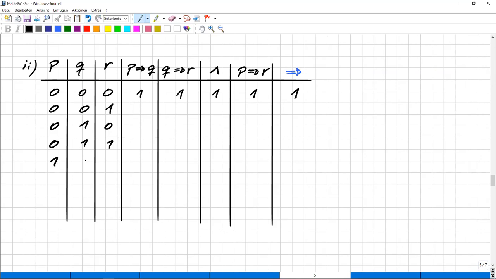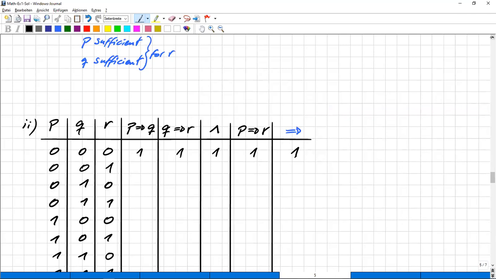1, 0, 0, 1, 0, 1. Now you just start thinking about the others. So now I want to evaluate P implies Q, Q implies R. Then I take the AND between these two. This is short notation.